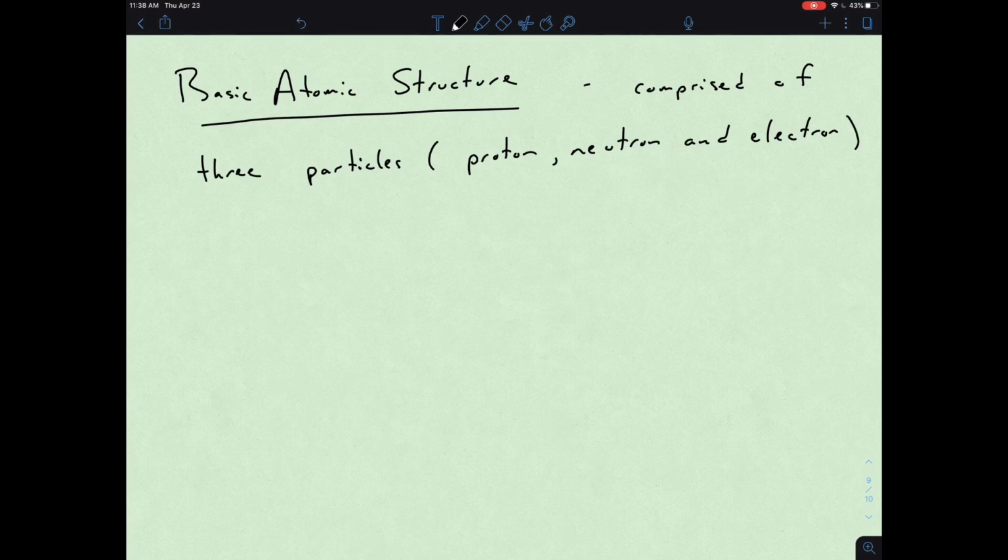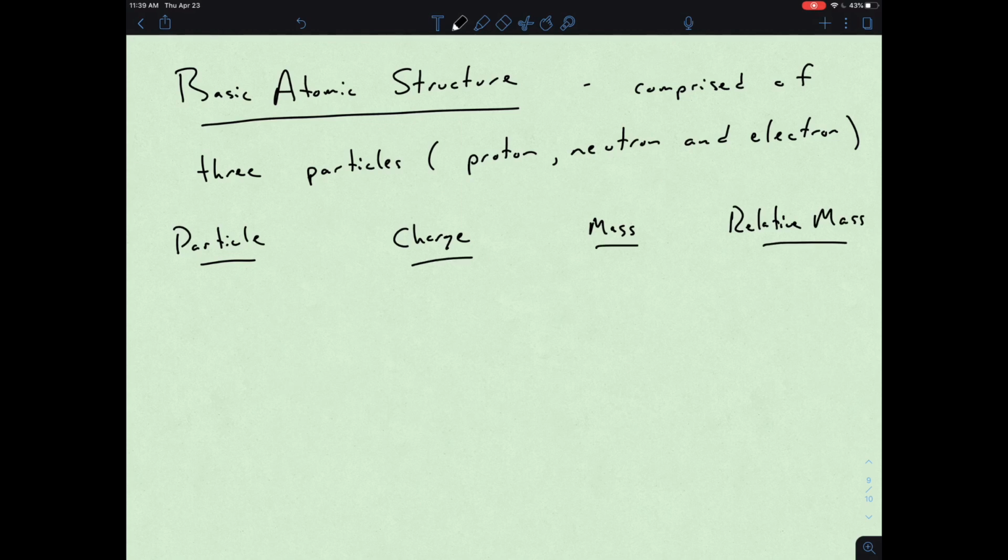And so as far as maybe a quick table, we could look at the particle, we could look at charge, mass, and then the relative mass. So if we start with our proton, we find the charge is positive.